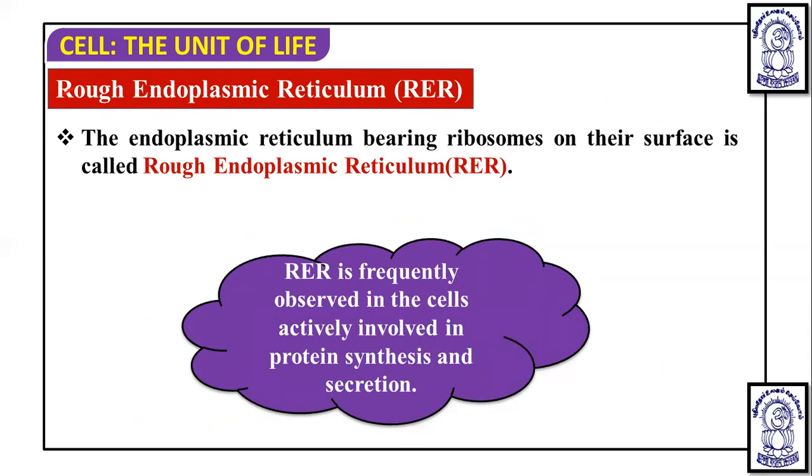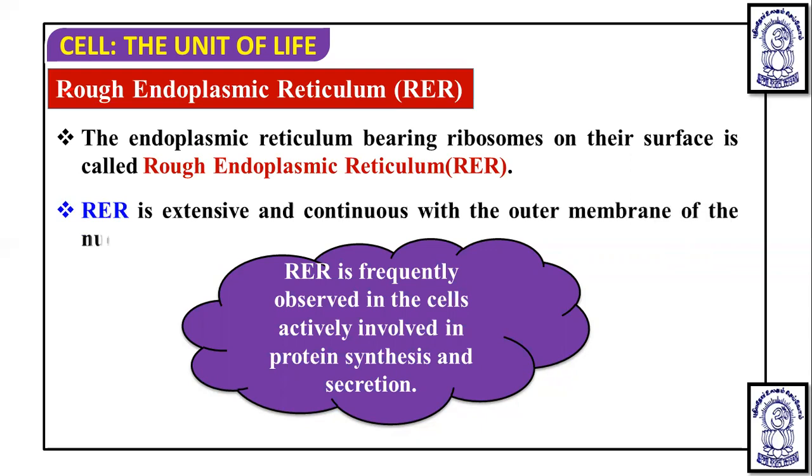So whichever cell needs more protein or needs to secrete more protein has a large part of RER. Okay, so in such a way the arrangement is found.